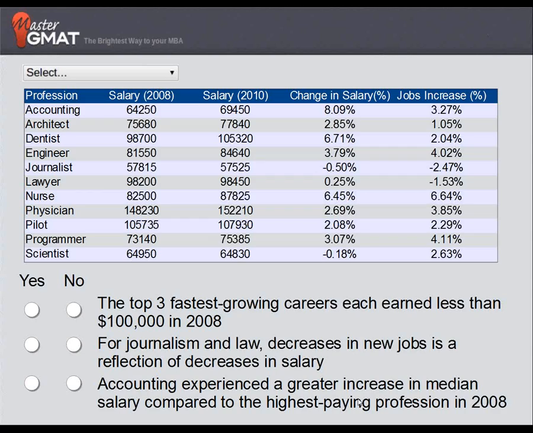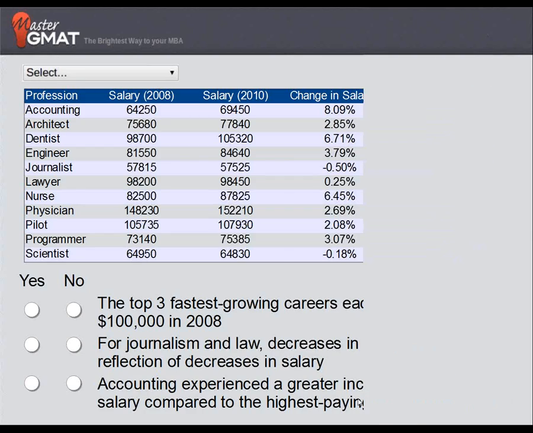All right, so let me give you a quick overview. Here we have a prominent table. It has lots of data about salaries and job growth based on profession. The table is probably the most prominent figure here. But right underneath, you'll probably notice we have a series of yes or no questions. And these will come with the table analysis problem that we need to answer as part of the test.